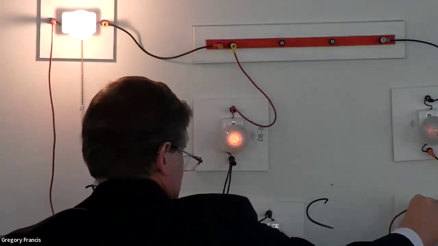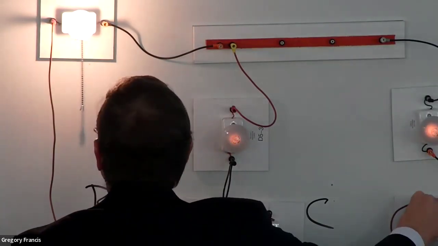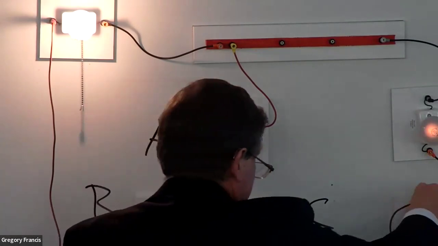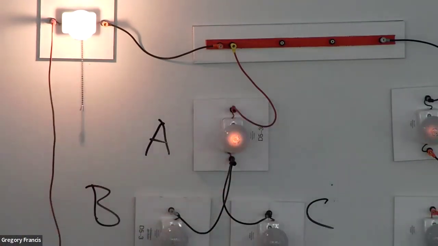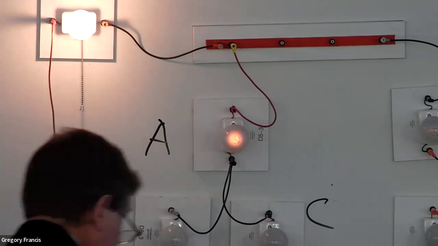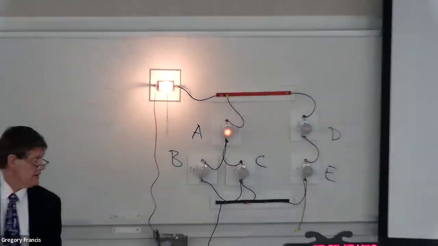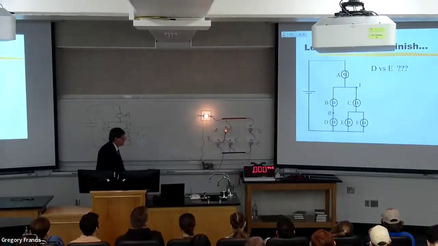Now, what about the indicator bulb? It's hard to say. It was so bright before that we can't tell. Okay. Good. There it is. So bulb A gets dimmer.